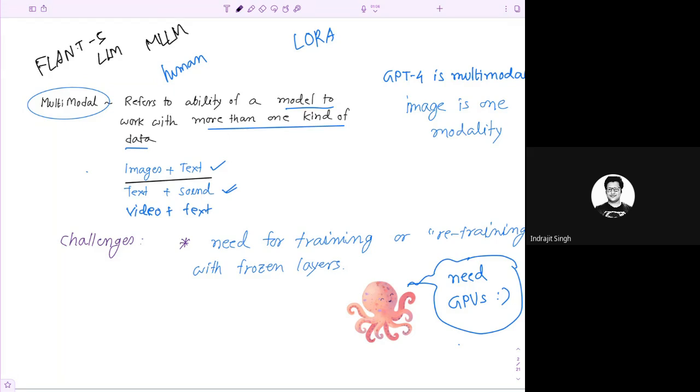So to make that model understand image related information, or I would say image plus text, you need to either train the model from scratch, which is a very costly operation, or do fine tuning. Fine tuning also needs GPUs, right?